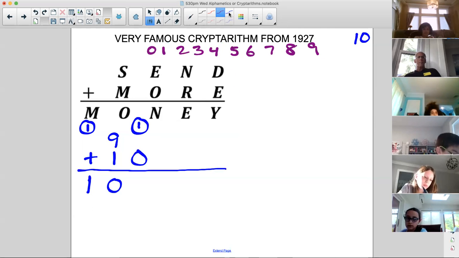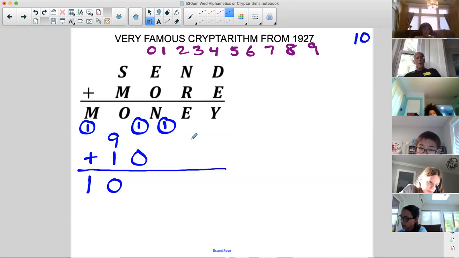Because since N is 1 more than E, it should be N plus R. That means R should be 1, but since we already know M is 1, there needs to be a carry to make it. Right, very good. Very good thinking.